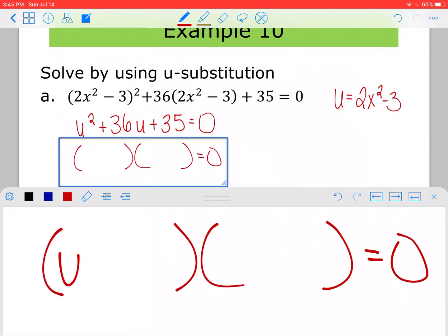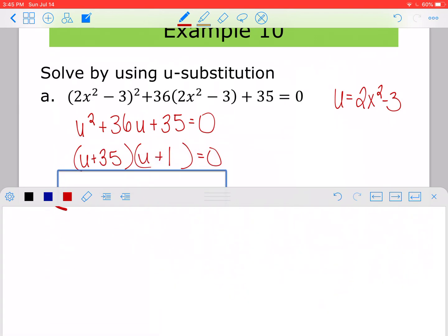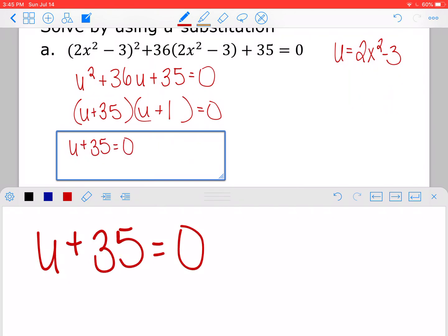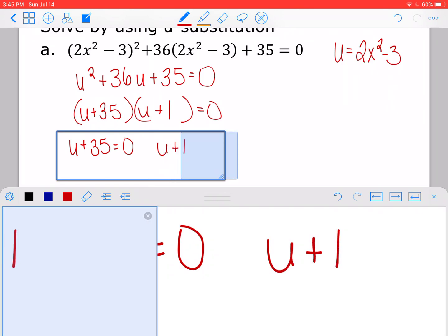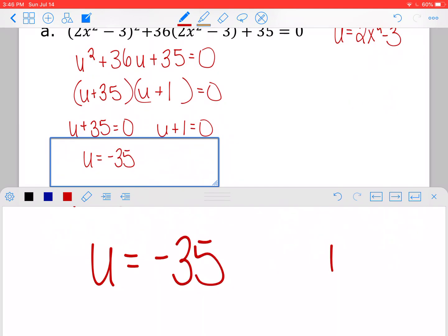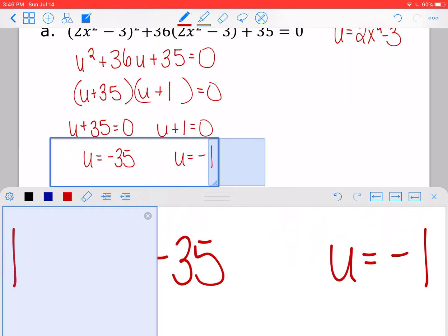Well, normally we'd be done here, but we've solved for u, not for x. We need to solve for x. So, what we do is we now plug back in what we had for u.